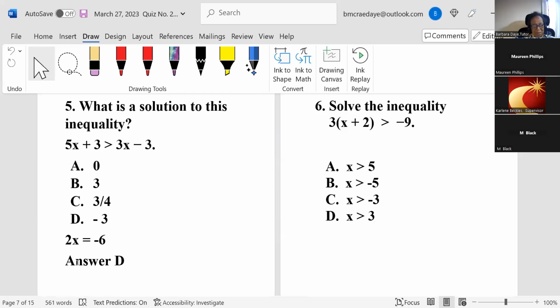That's true. So this one you had the variable on both sides, so the constants on both sides. So 5x minus 3x is 2x. -3 gives you -6. Divide both sides by 2, and the -6 gives a -3. Answer D. Okay. You got it?